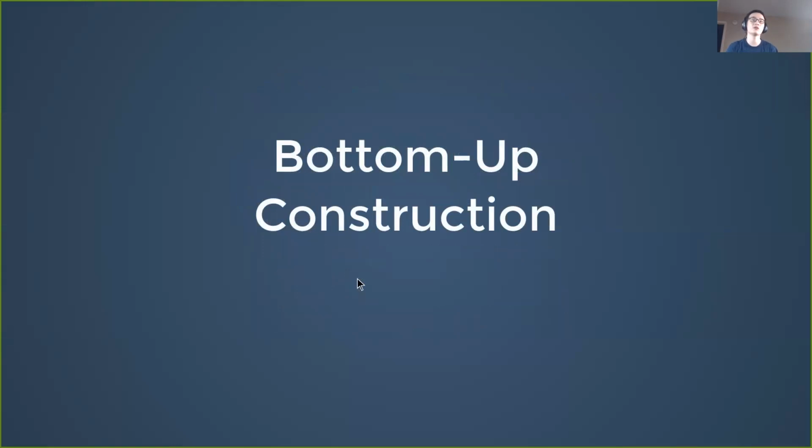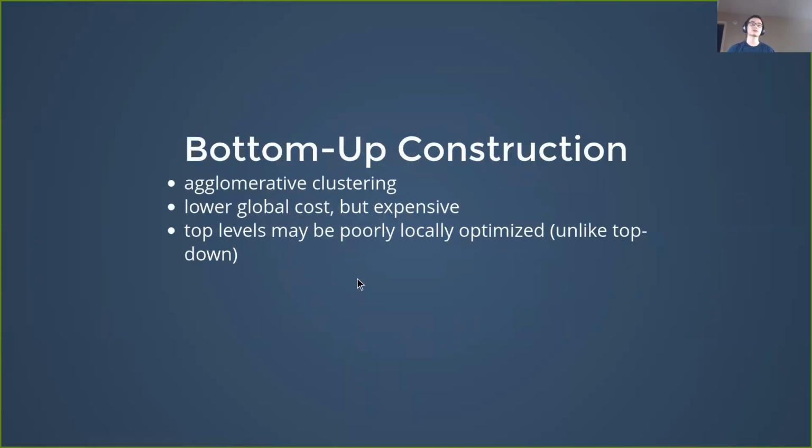There is also bottom-up construction. Bottom-up construction uses an algorithm called agglomerative clustering, which is the idea that we initially have each primitive as a cluster, and then in each step we combine two close primitives into one cluster, and then we just repeat this process until we only have one cluster, and that one cluster will be the root.